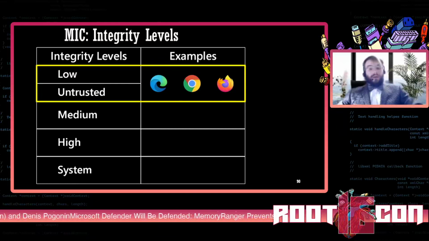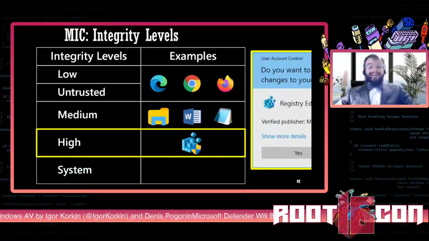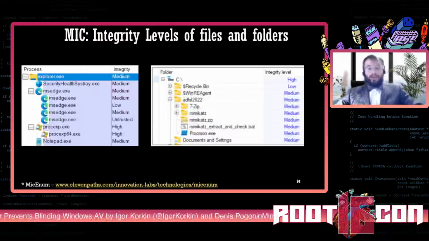Most apps that we use are running with medium integrity level, such as Explorer, Notepad, Office, and etc. High integrity level is assigned with apps launched by User Account Control, UAC. System integrity level is used by system-level apps such as Microsoft Defender to protect them from other apps. Here is an example of integrity levels for the running processes and files on the disk.